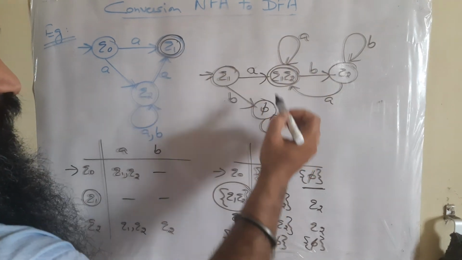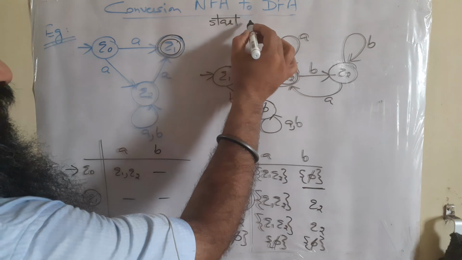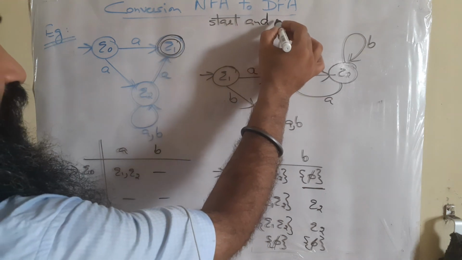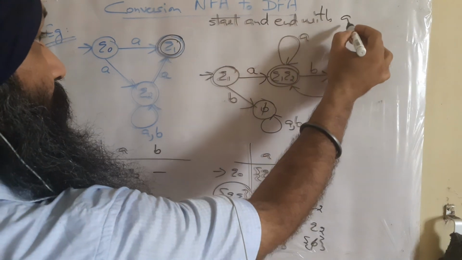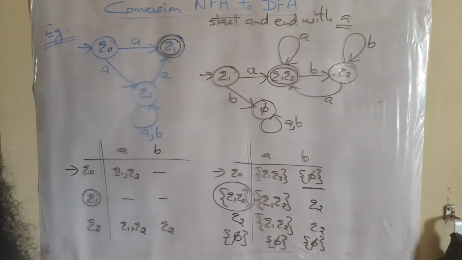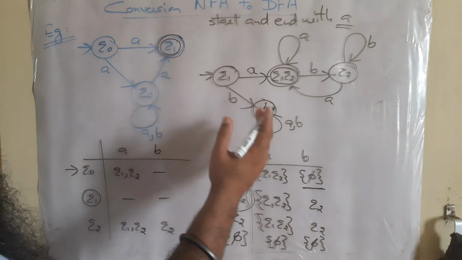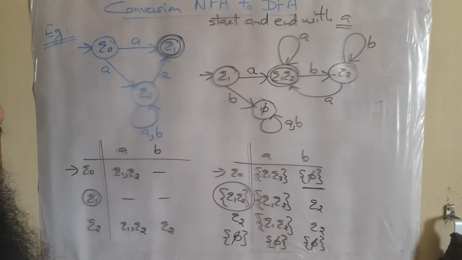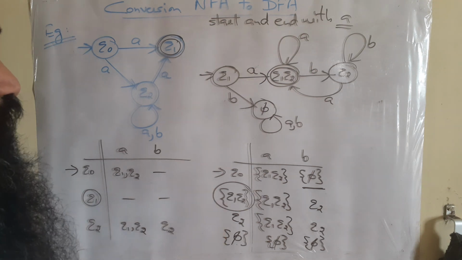So this is the question whereby the string starts and ends with A. This is a very important question, and we have converted this NFA into the corresponding DFA. I hope you are able to understand the concept as well as the importance of the question.